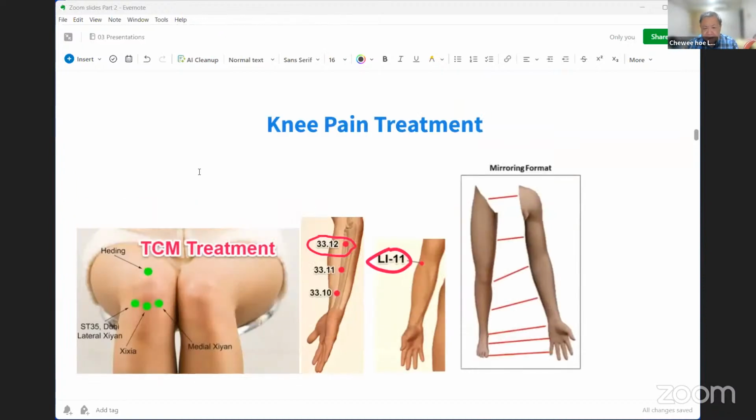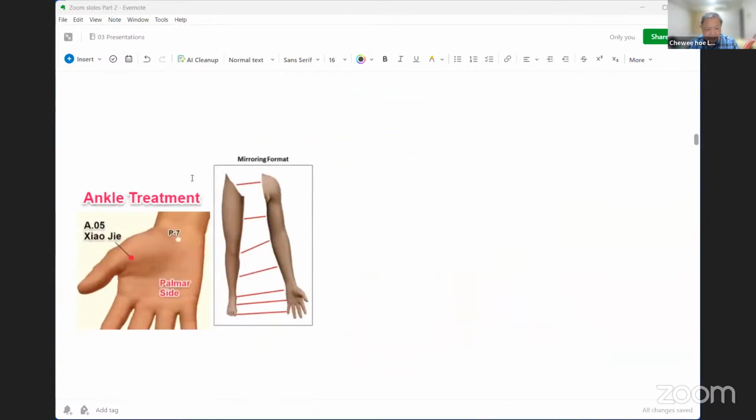Okay, let's look at this image. Elbow is the knee. So, using this same image, a patient with ankle pain comes in.